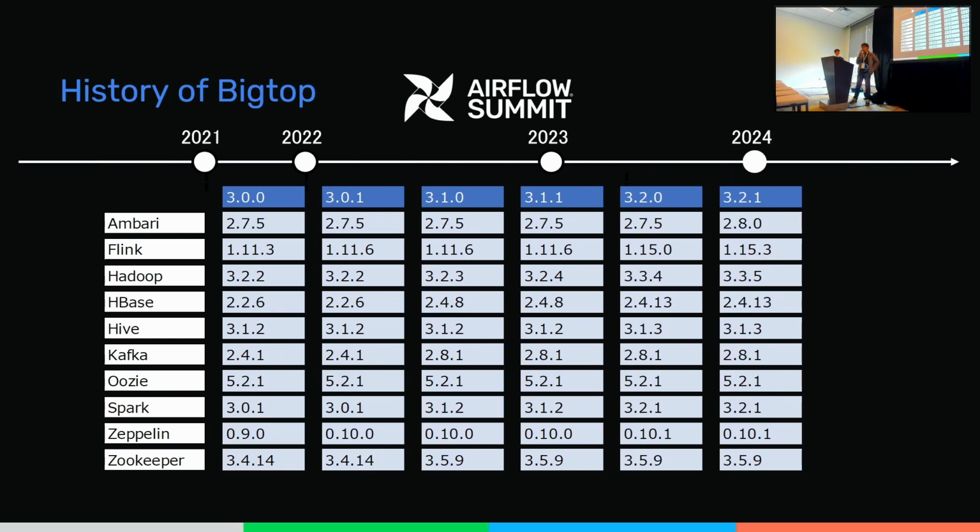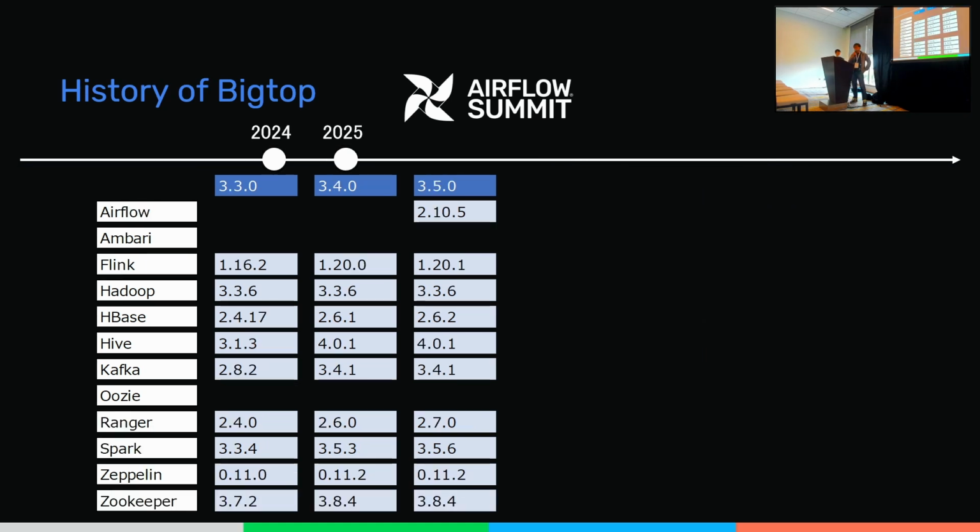We skipped Bigtop 2 because the name Bigtop 2.0 was used for an internal experimental project. So we released the first stack based on Hadoop 3 as Bigtop 3 in 2021. We dropped retired projects including Oozie from the stack on releasing Bigtop 3.3.0 in 2024.